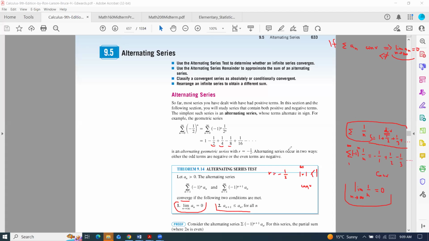Well, in an alternating series, if the series keeps on changing the sign, it works. It works for alternating series. So if you have the limit equal to 0, then the alternating series, and that's the key part, is convergent.